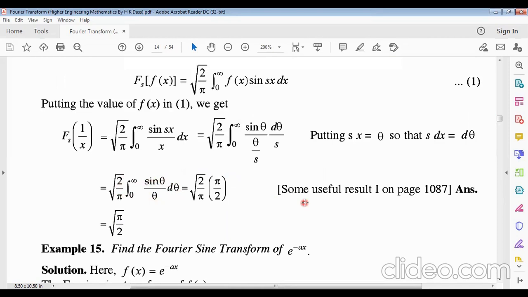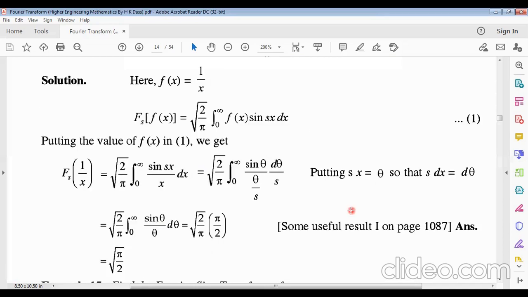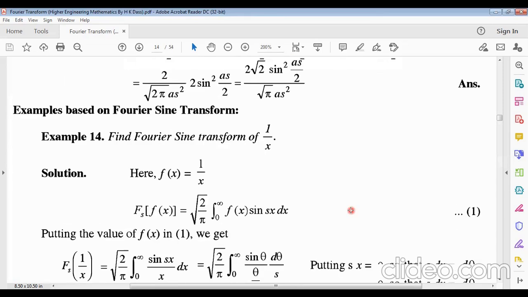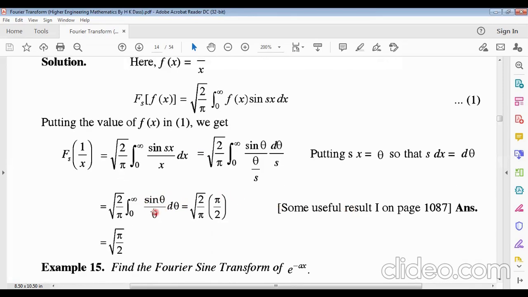This useful result comes from page 1087. This is a standard form of improper integral, and it equals pi by 2. We already know this. So the Fourier sine transform of 1 by x equals root over 2 by pi times pi by 2.